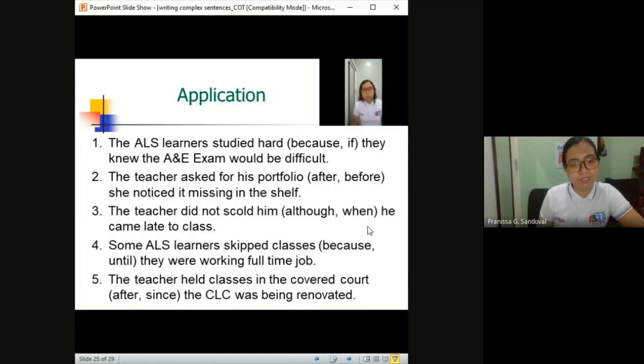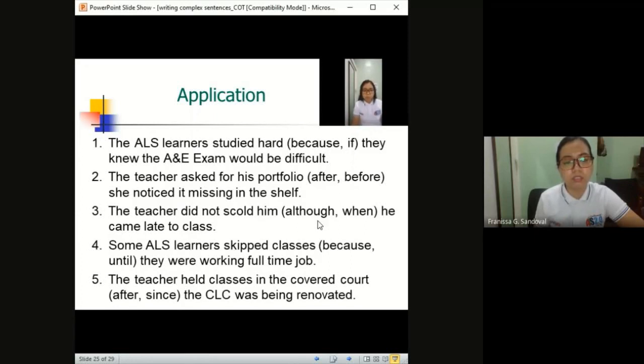1. The ALS learners studied hard because, if they knew the annual exam would be difficult. 2. The teacher asked for his portfolio after, before, she noticed it missing on the shelf. 3.